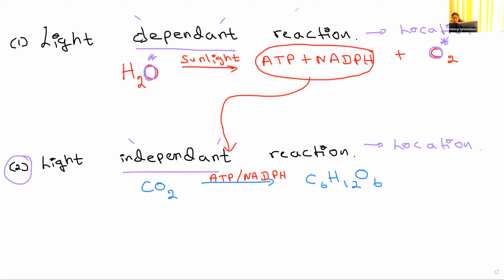So you have to know the carbon atom here. Can you highlight the carbon? So carbon dioxide's carbon is going to be in the glucose. And carbon dioxide's oxygen is going to go into the glucose oxygen.